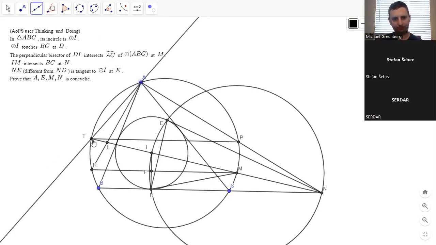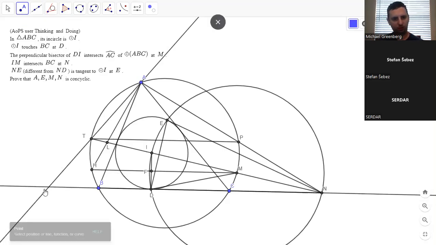Maybe it's worth drawing a T and letting it intersect EC. So we want to show... yeah, I feel like I want to use isogonal conjugates.